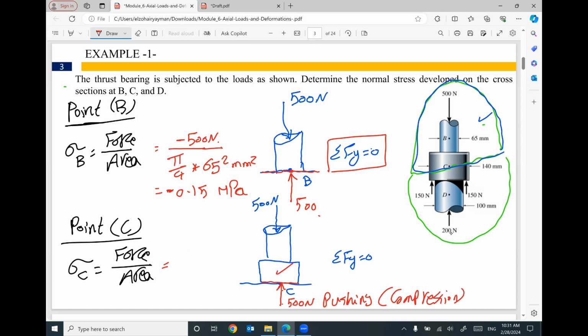So the stress equals negative 500 Newton divided by the cross-section area. The diameter of this part at point C is 140. So the area will be pi divided by 4 times 140 squared. So the stress will be negative 500 divided by pi divided by 4 times 140 squared, equal to negative 0.032 megapascal.